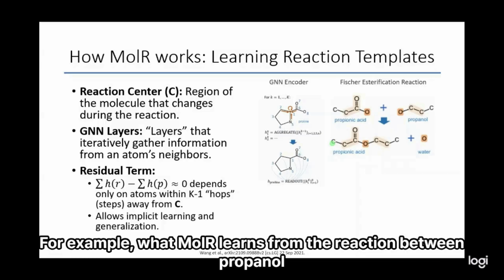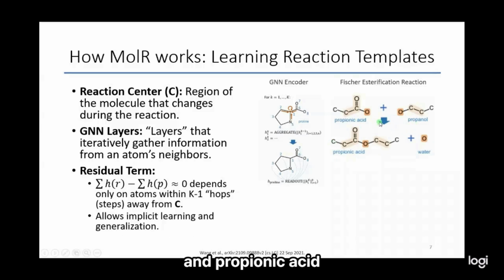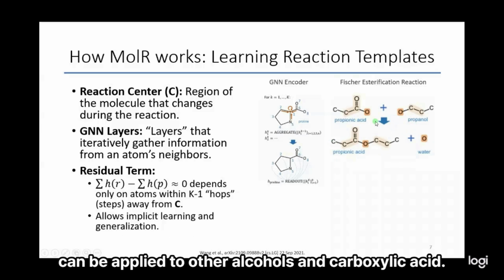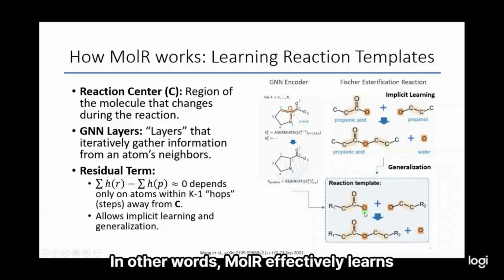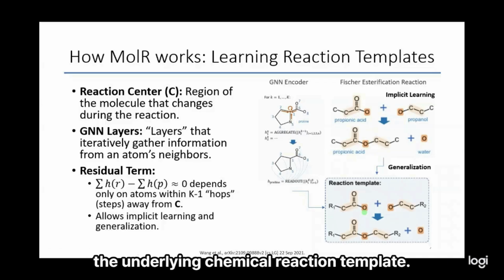For example, what MolR learns from the reaction between propanol and propionic acid can be applied to other alcohols and carboxylic acids. In other words, MolR effectively learns the underlying reaction template.